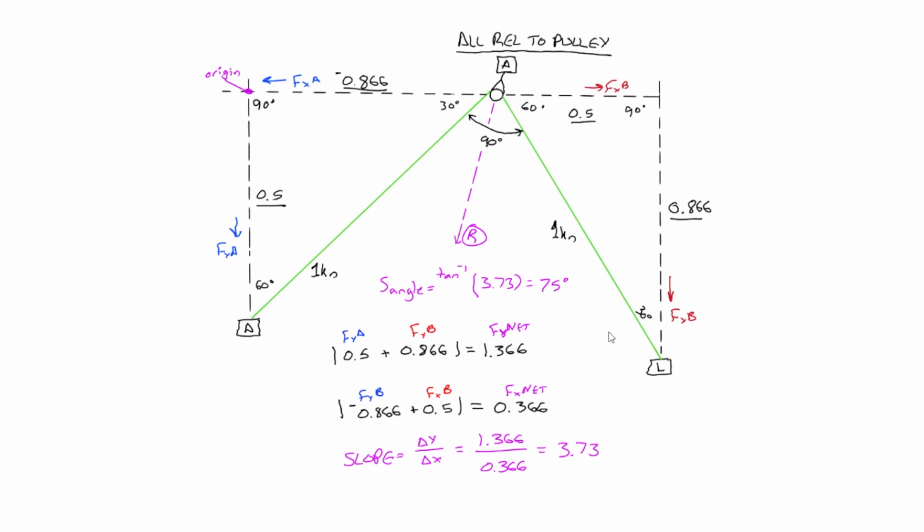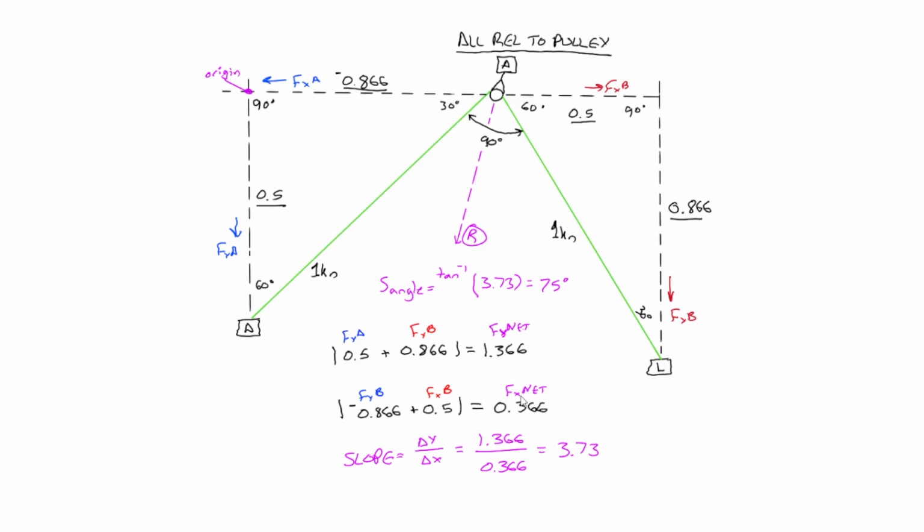So, slope, if you want to go back to basic geometry, is rise over run, or delta y over delta x. So we're going to add our y components and our x components. 0.5 plus 0.866 equals 1.366. That's our net force in y. And then the absolute value of negative 0.866 plus 0.5 equals 0.366. Absolute value, we take that negative, we turn it into a positive, good to go.